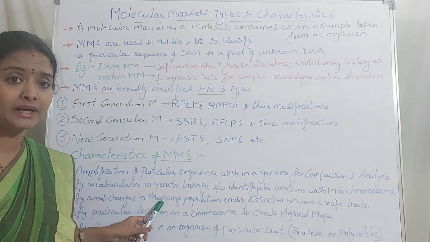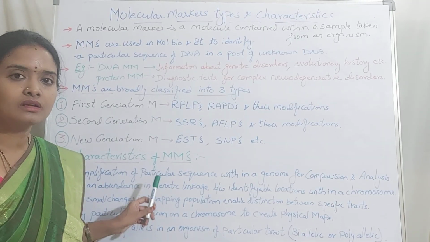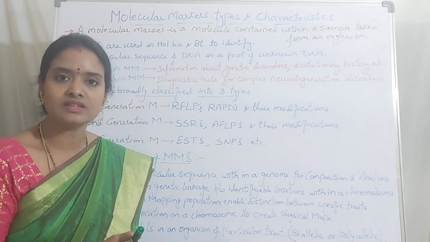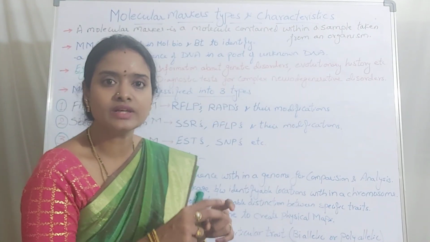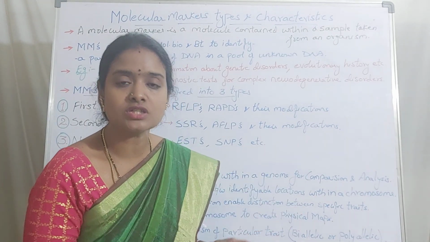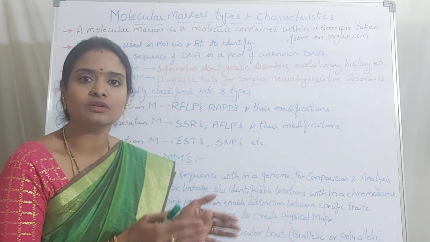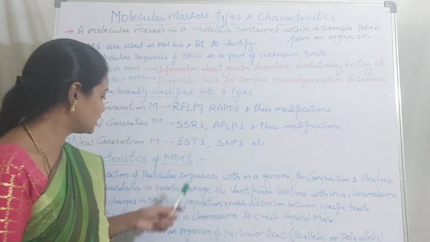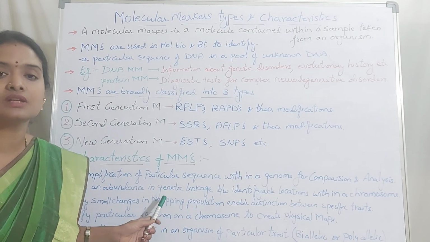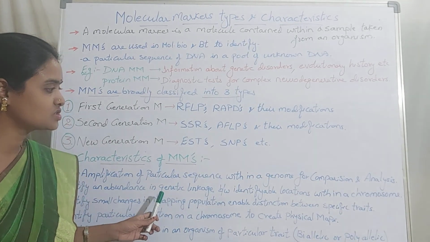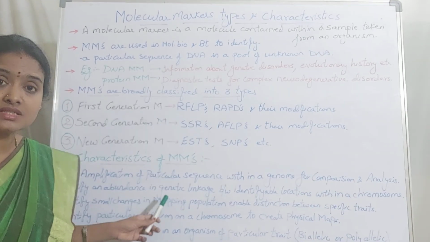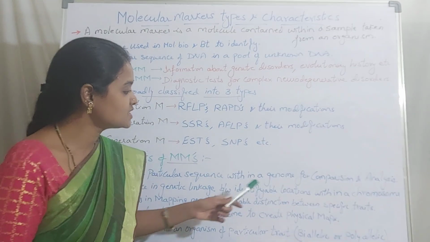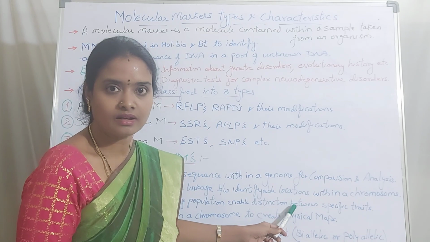Mapping is nothing but the distance between the successive genes or the complete set of genes. So genome is nothing but a complete set of genes. So in that arrangement, the position of the gene and the distance between one gene and the other gene, the complete data will be present in the gene mapping. So once you know the gene mapping, you can distinguish the traits, at which gene or which position of the gene these traits are differing, right?